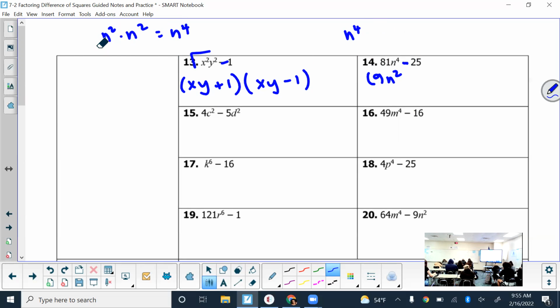Yes, and it has to be the same thing multiplied by itself. So if it's an exponent on a variable, and that exponent is even, like 2, 4, 6, 8, 10, then yes, it's a perfect square. Just divide it by 2, and you get its square root. Make sense? And then what's the square root of 25?